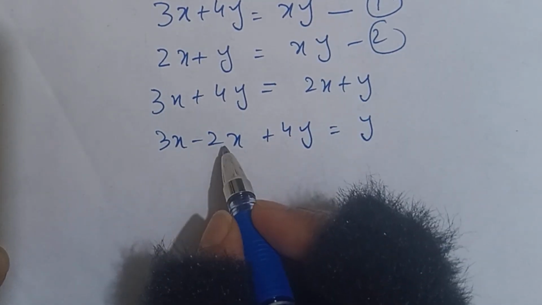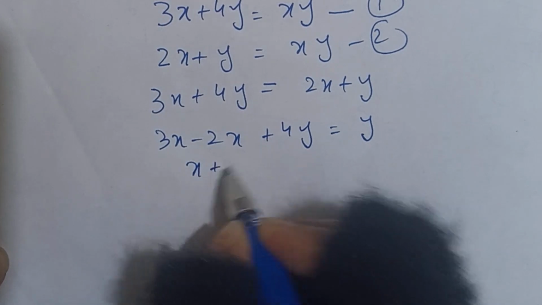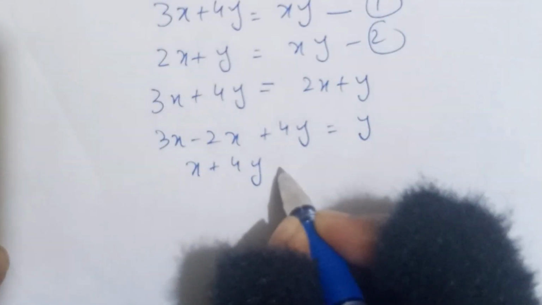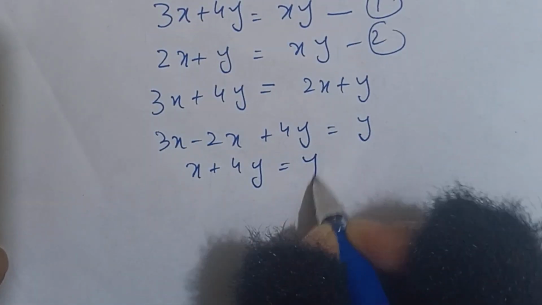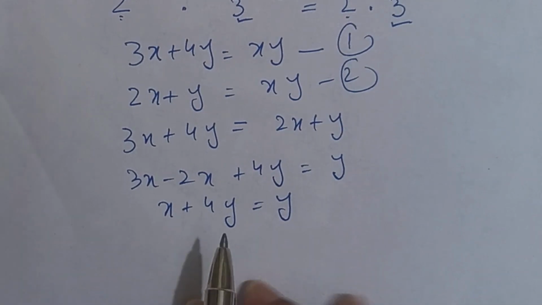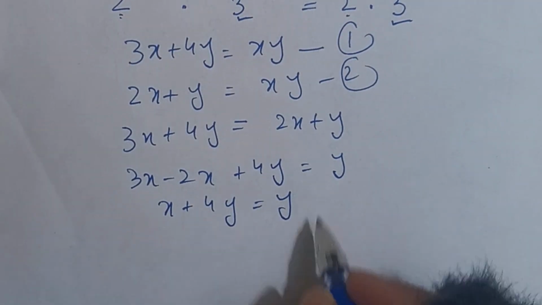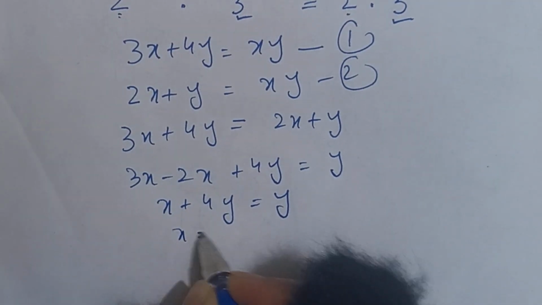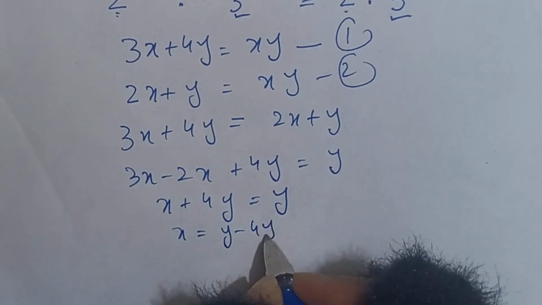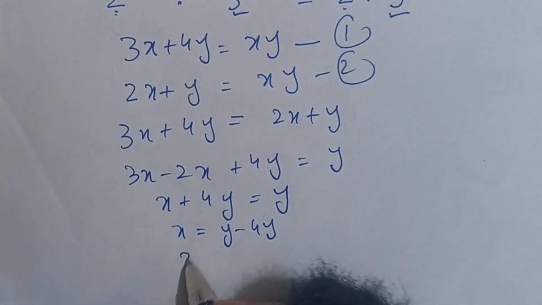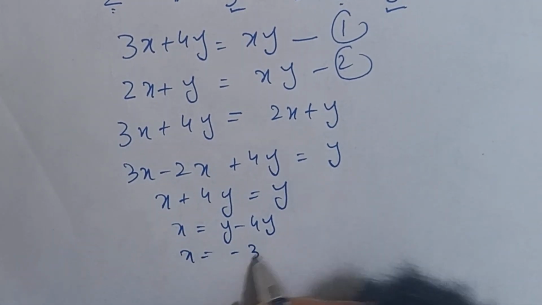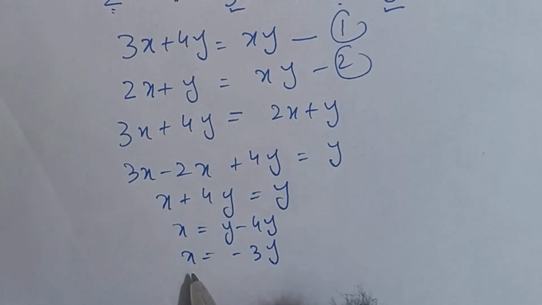So 3x minus 2x is x, plus 4y is equal to y. In the next step, if we subtract 4y on both sides, then we get x is equal to y minus 4y, and y minus 4y is equal to minus 3y. So this implies x is equal to minus 3y.